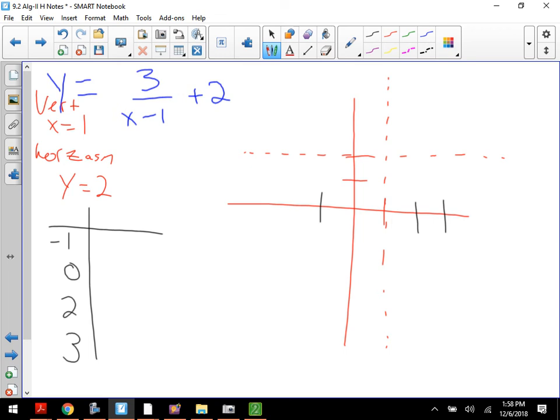So what is that? -1.5? Yes, it is. -1.5 plus 2 is positive half. Then 0 minus 1, 3 divided by -1, -3 plus 2.